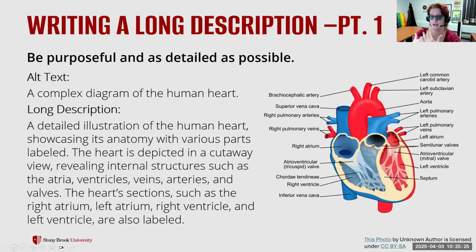The heart is depicted in a cutaway view, revealing the internal structures, such as the atria, the ventricles, the veins, the arteries, the valves. The heart sections, such as the right atrium, right ventricle, and left ventricle, are also labeled. So I'm breaking down the parts of the image that are pertinent so that I have a better idea of what it is that's in the image and why we're studying it.